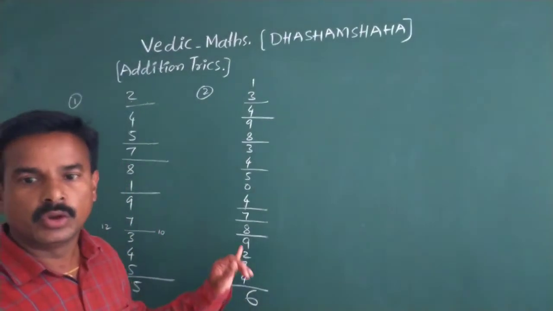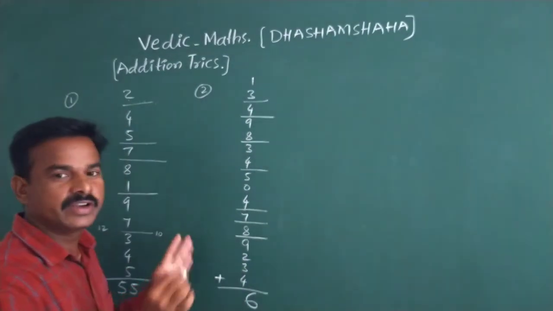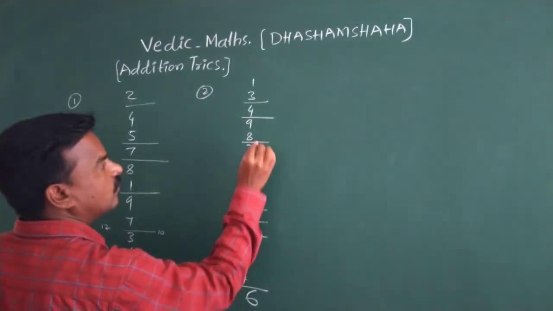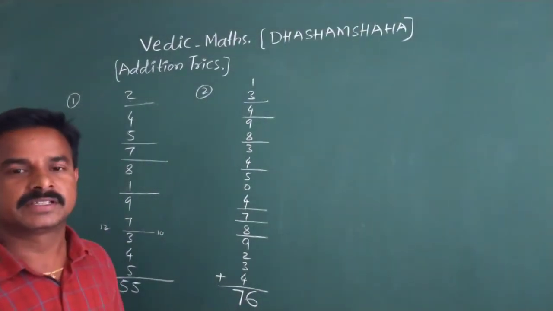Write in the unit place. And now we have to count how many tens we dropped. 1, 2, 3, 4, 5, 6, 7. So 7 we write in the tens place.